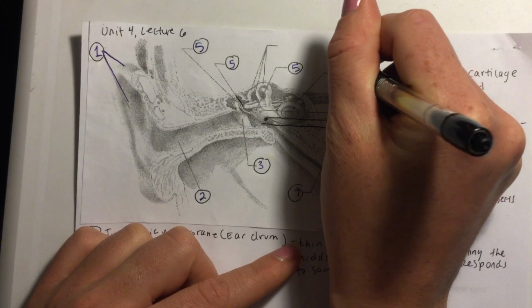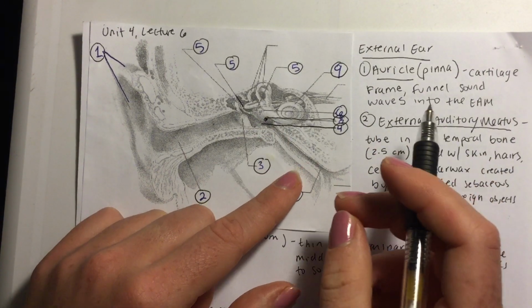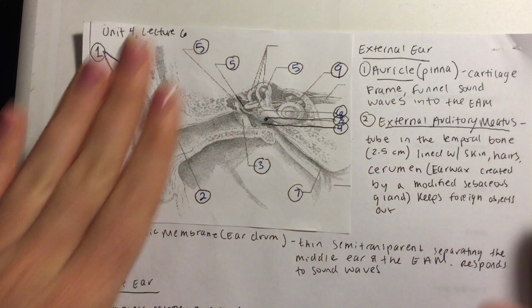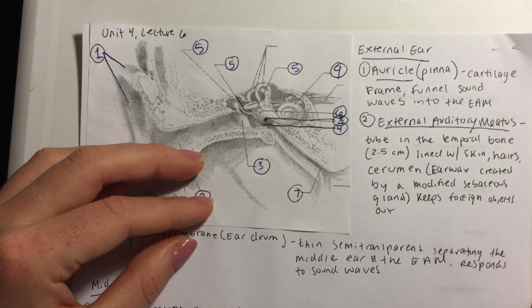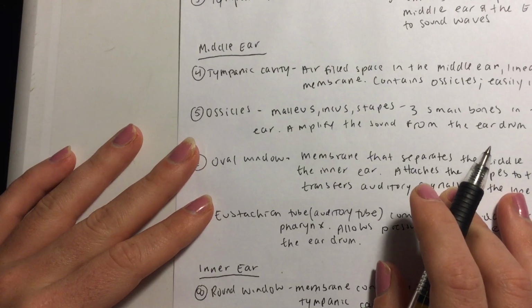But number 9 looks like a snail shell, and if you think of balloon animals, it's basically like 3 circular balloons stacked on top of each other in this snail-like shape. So we have 3 separate chambers there. 2 of them are bony, and one of them is more of a membranous structure. So this portion is called the cochlea.